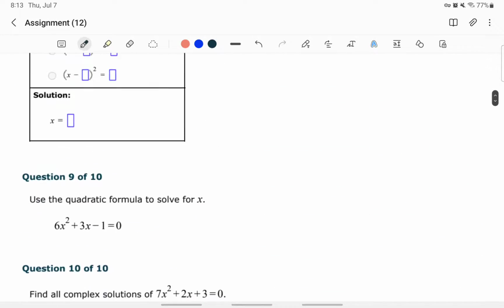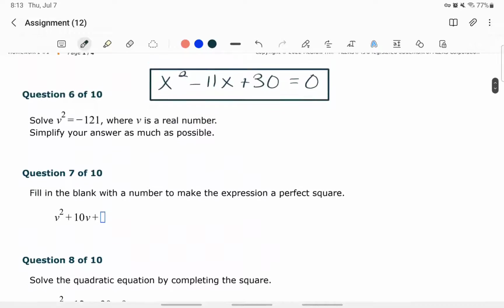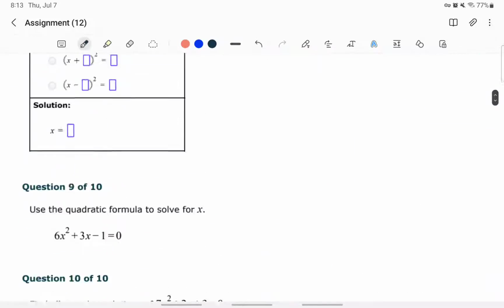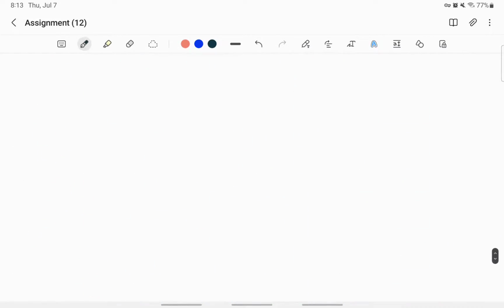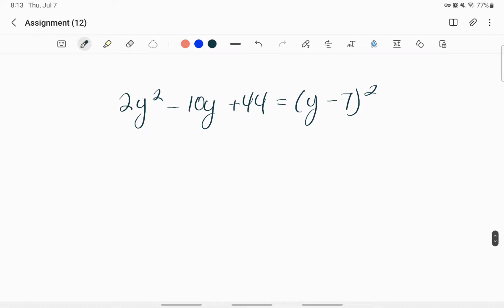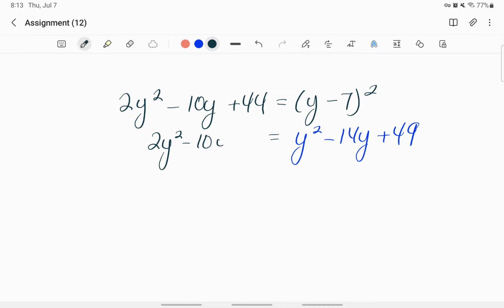Okay, looks fine to me. All right. Now, we know y minus 7 squared is going to be the same as y squared minus 14y plus 49. And on the other side, 2y squared minus 10y plus 44.